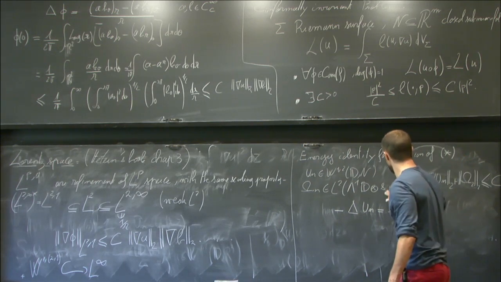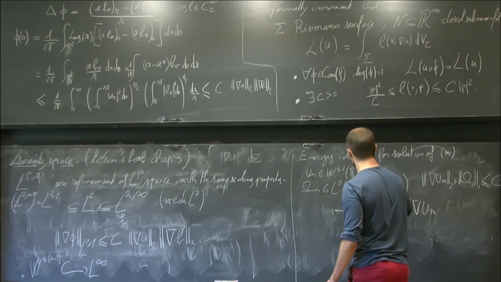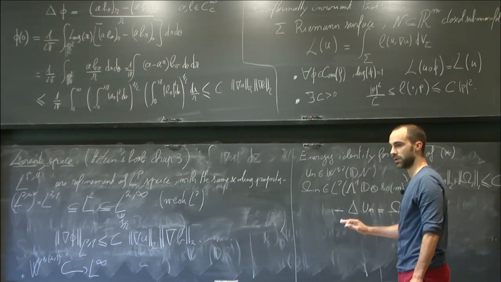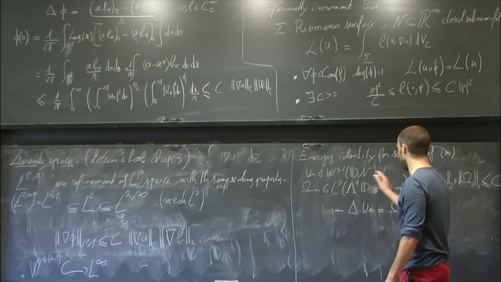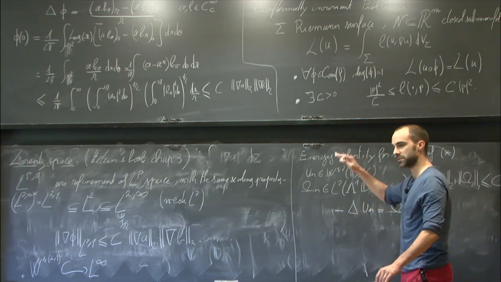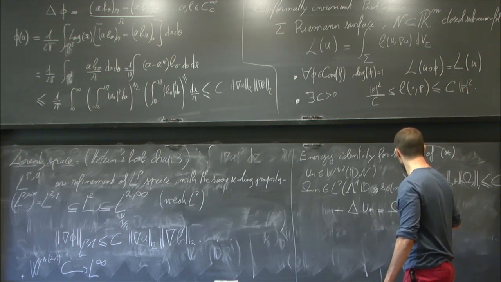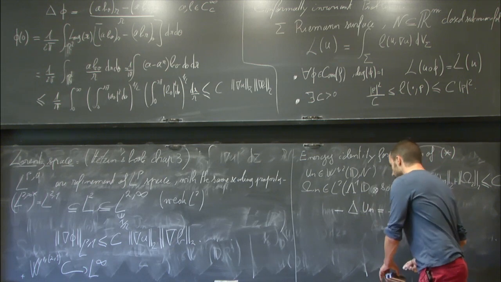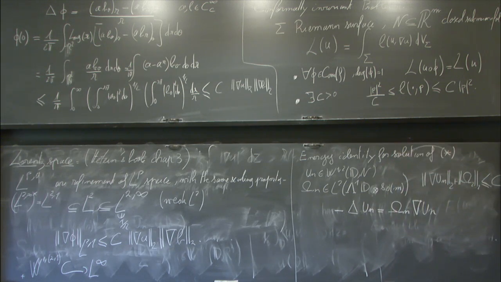It's a one-form. So Omega is a one-form on the disk, and it takes values in the space of antisymmetric matrices. It's a matrix of one-forms, an antisymmetric matrix of one-forms. So here, you look at nabla u_n as a vector, and it takes vectors.